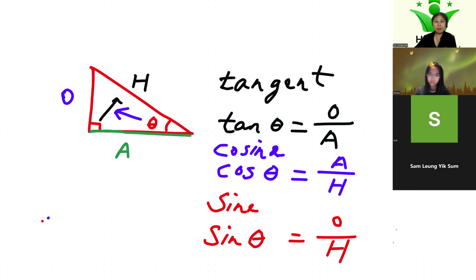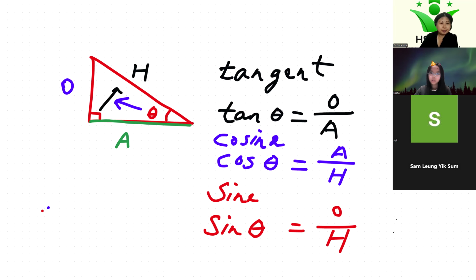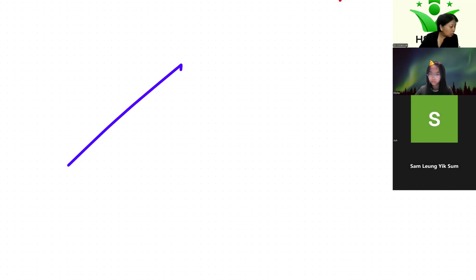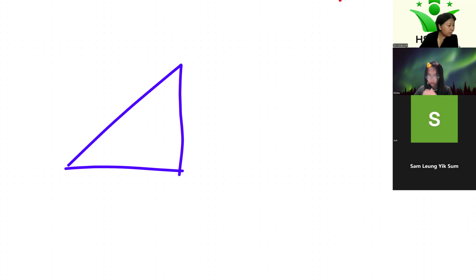Okay, good job. Remember, right? So let's do the practical calculation. Suppose you finish. So we have the question. 90 degree, and this time the theta we give you is 76 degree.